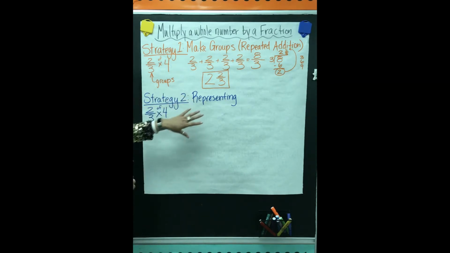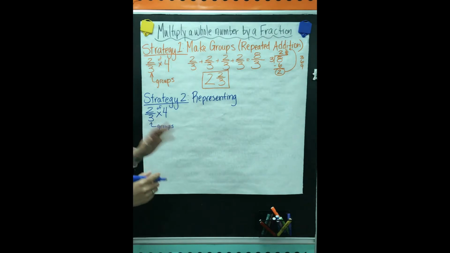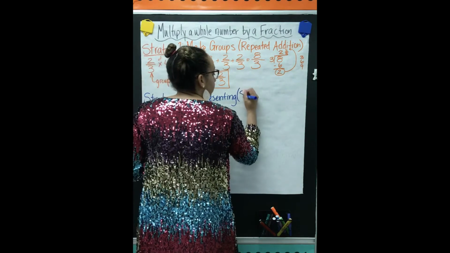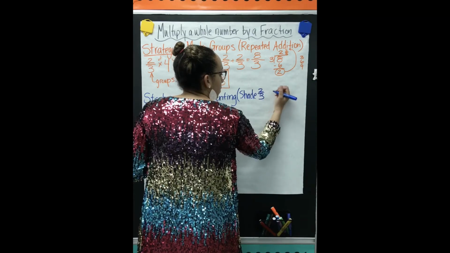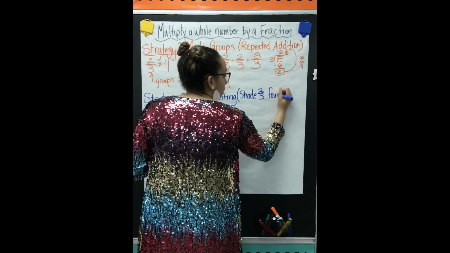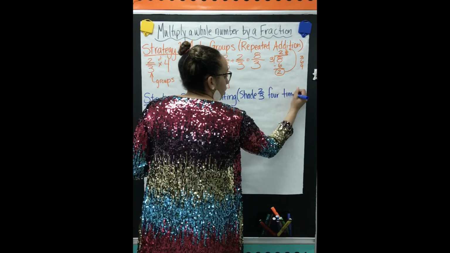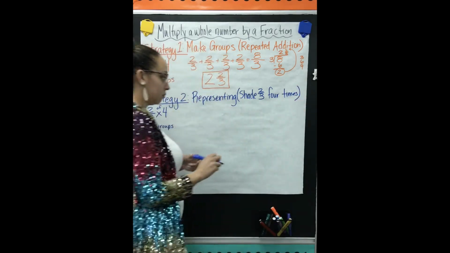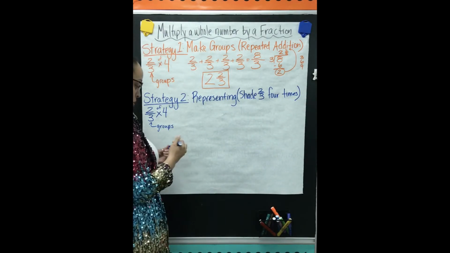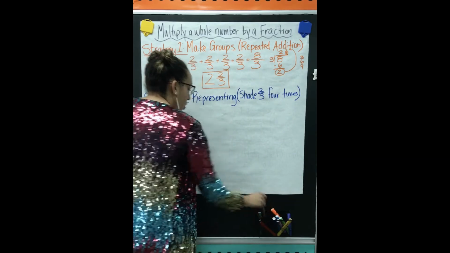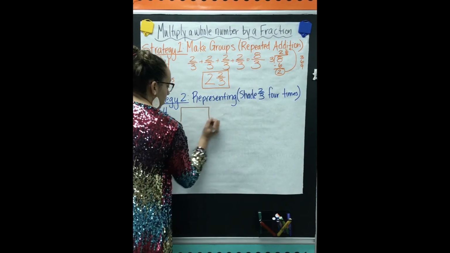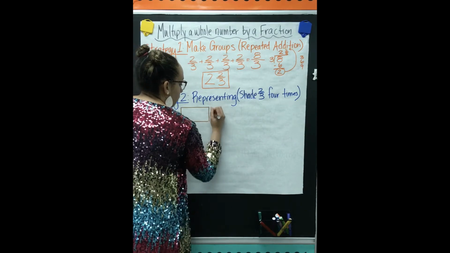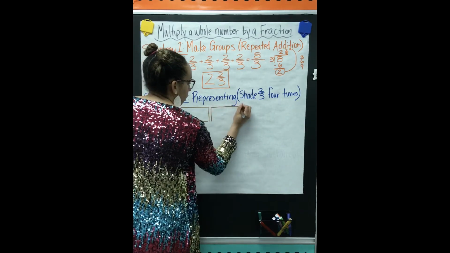So how we're going to represent 2/3 is we are going to shade in 2/3, 4 times. So we're going to have our wholes. We're going to model first on fraction bars, and then we'll model on fraction circles.